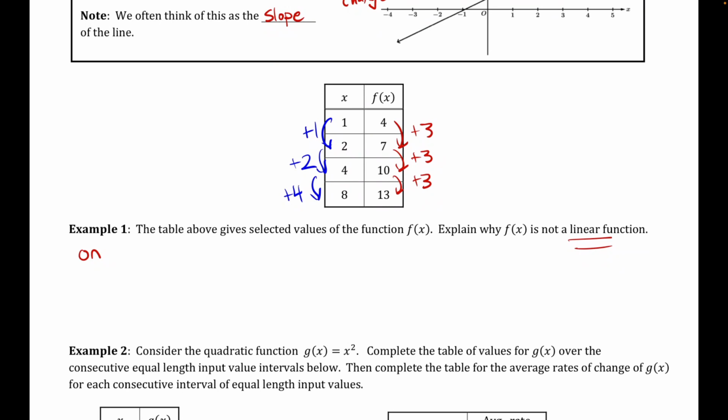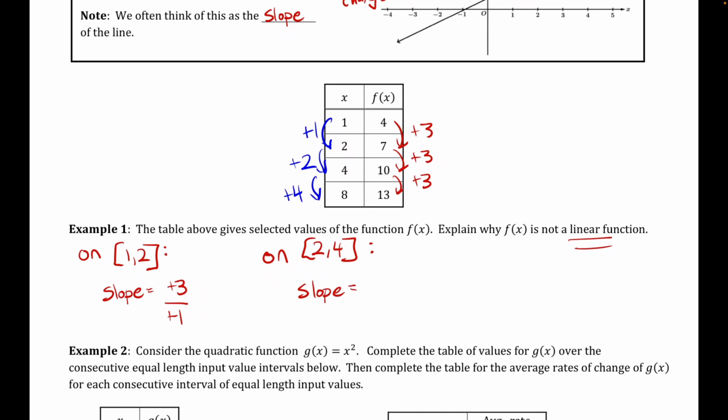So we'll say on the interval between 1 and 2, I meant to do a bracket there. On 1 and 2, the slope is this. The slope is equal to the change in y, which is plus 3, and the change in x was plus 1. But on the next interval, on 2 to 4, the slope is something else.